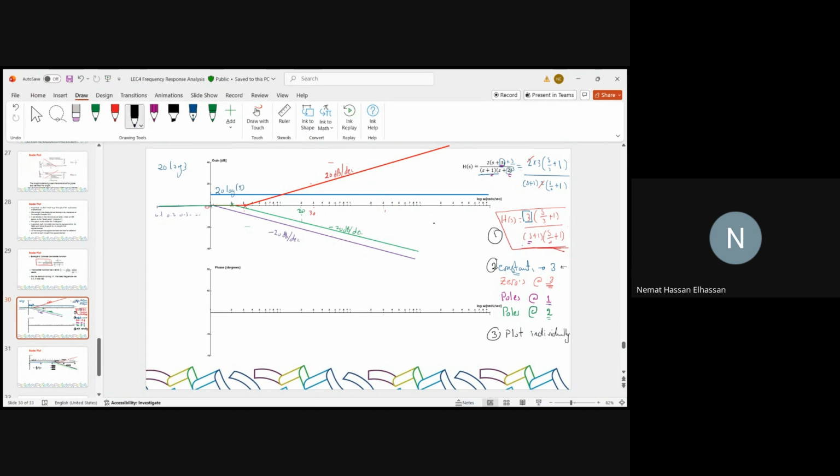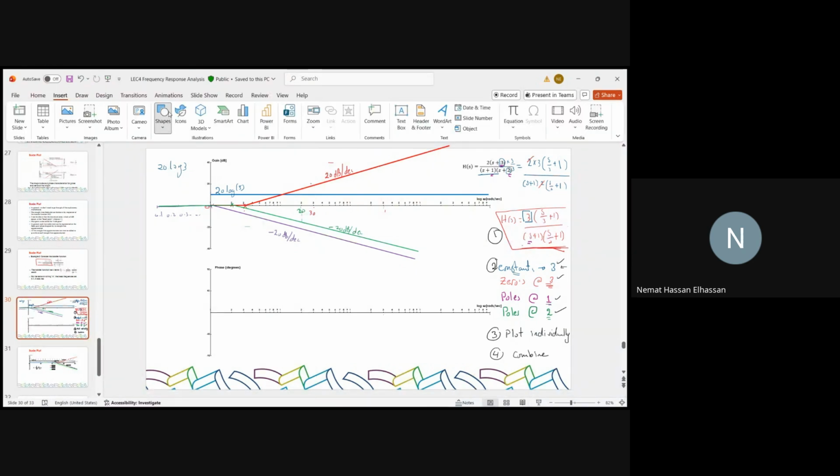We've plotted each and every component: the constant, the zero, and the poles individually. Step 4 is to combine these plots. To combine these plots, it means I'm going to add all these 4 lines into a single final line. But before I do that, I need to identify points of change. So I'm just going to use a straight line.